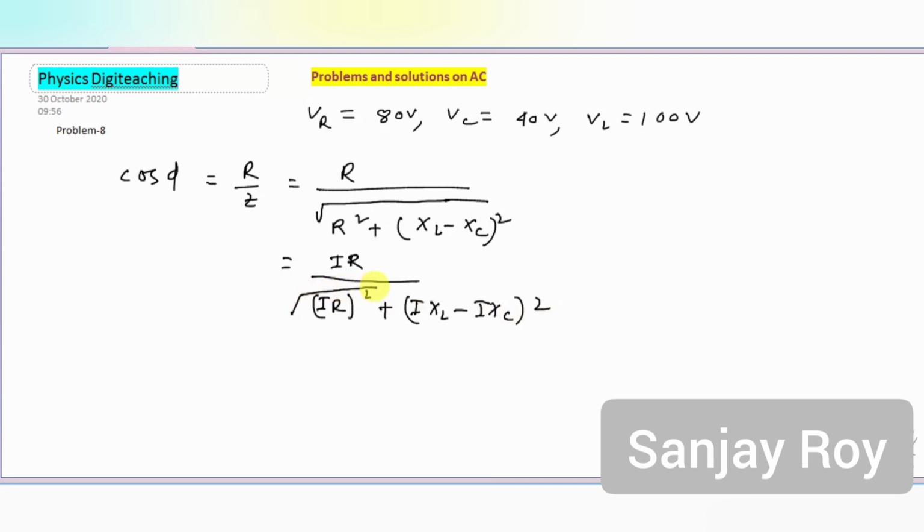And this gives I into R as the voltage across resistance VR, so VR square, and I into XL is the voltage across inductor VL and I into XC is the voltage across capacitor VC.